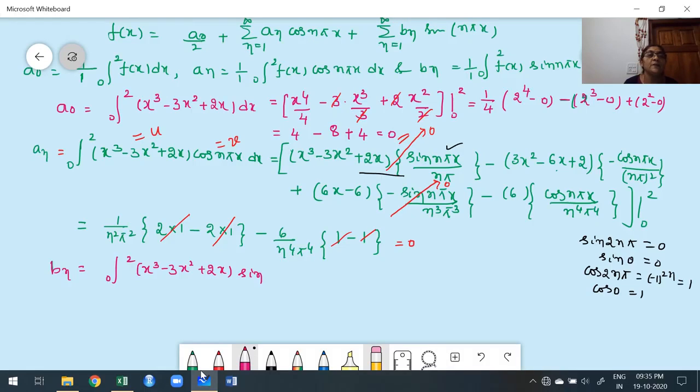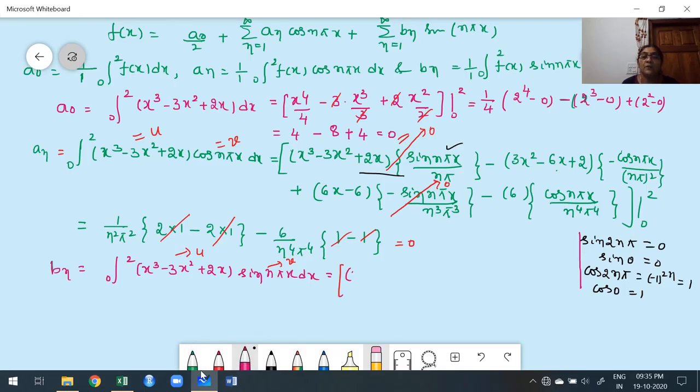Don't confuse, this is actually an, sine of n pi x with respect to x. I said an, but while writing, I wrote bn. Now we have to go for which rule? UV rule or Bernoulli's rule. This is nothing but our u function, this is nothing but our v function. From the UV rule or Bernoulli's rule, now what do we get actually?